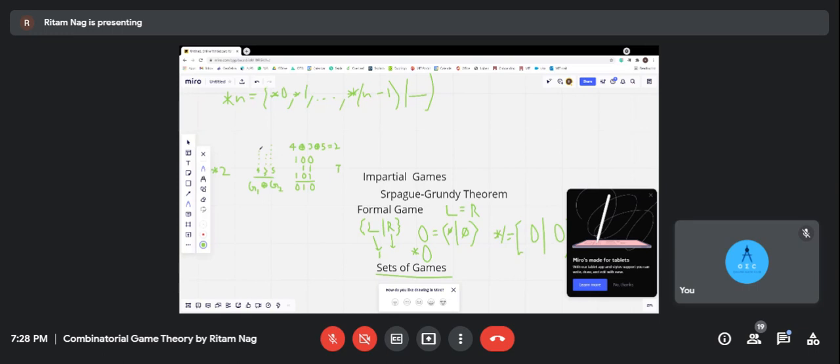So think of this: here you can make a move on any of the three piles and go to a different position like 4, 1, 5. That's a position you can go to from this position. So L is the set of positions that this game can go to.